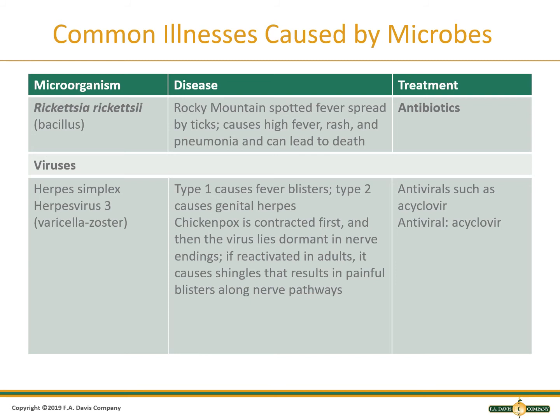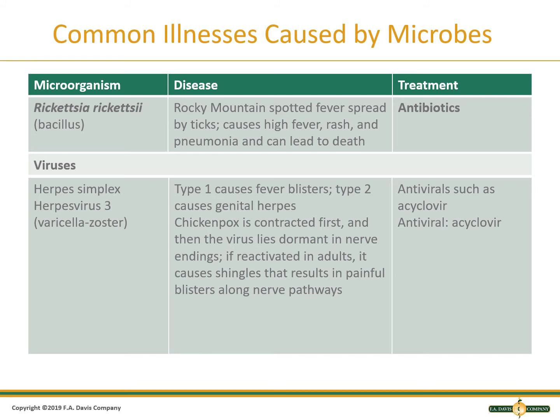So getting into viruses, there is herpes simplex 3, which is shingles. Okay, so there's 3 different types of herpes. Number 1 causes fever blisters around your mouth.